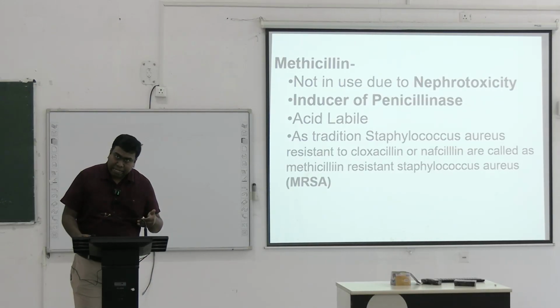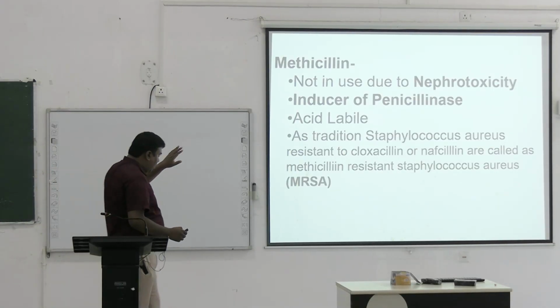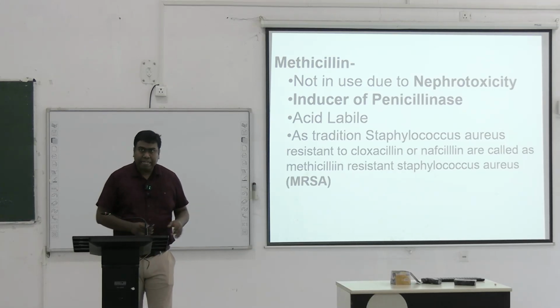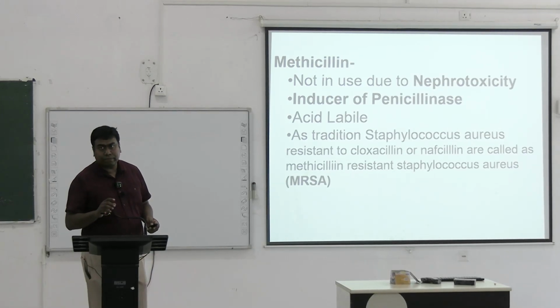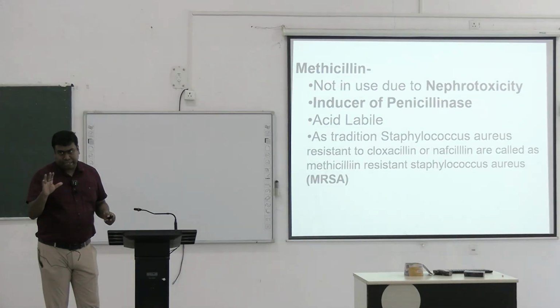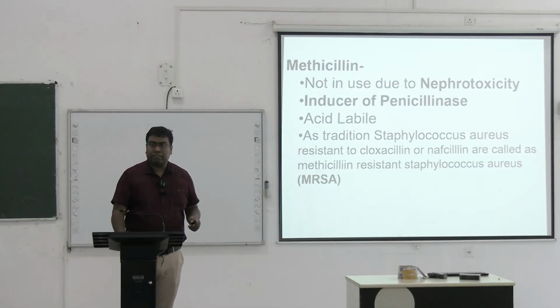So how can we say that? If an organism is resistant to Cloxacillin or Nafcillin, we can say that it is resistant to Methicillin, and it is MRSA, Methicillin resistant Staphylococcus aureus. What is the mechanism of this resistance?